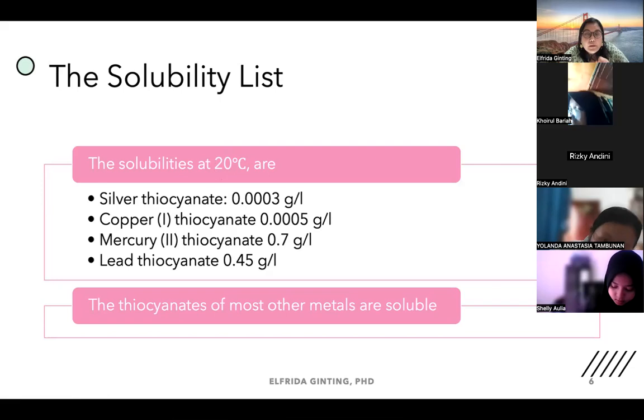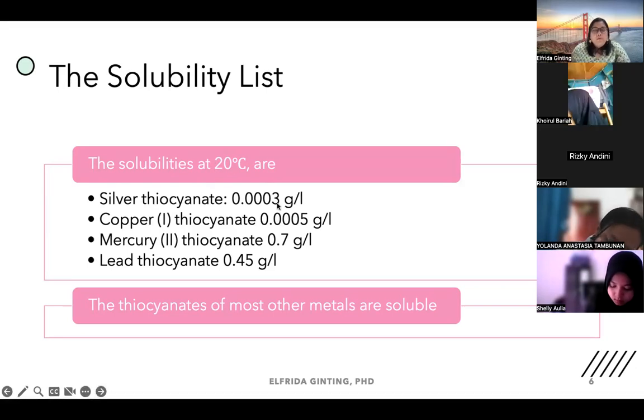Now, for copper, it is 0.0005 gram per liter. So basically, these top two are insoluble in water, because it's four numbers behind the dot.